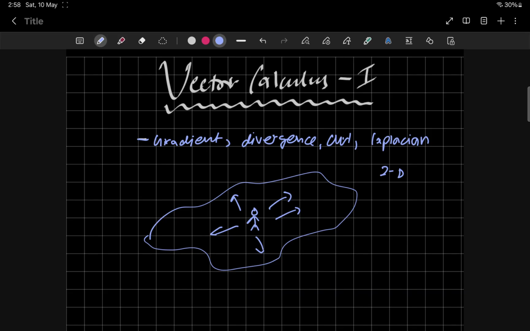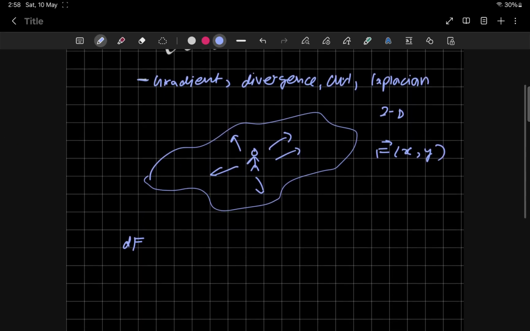There are a lot of answers to this, in the sense that this man can move in any direction, right? From our earlier classes we know, let's say that f is a function of x and y. It is a two-dimensional function, and it represents the spatial direction of my movement.